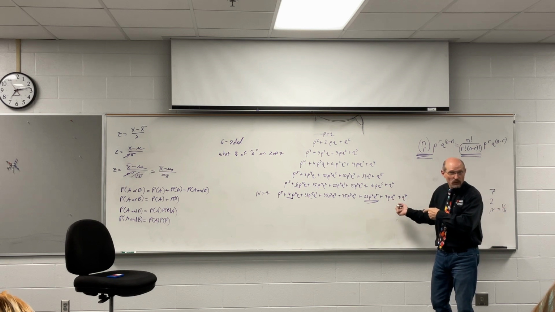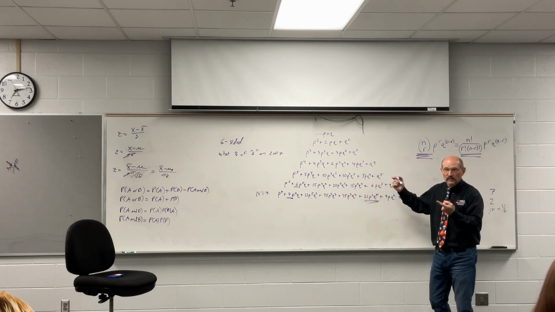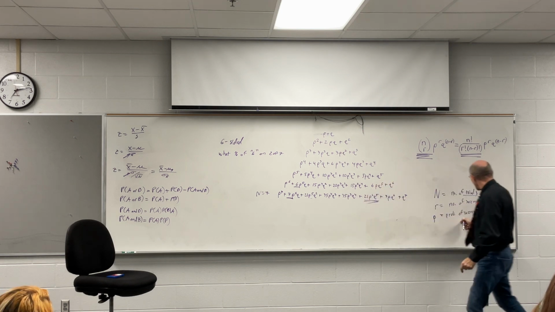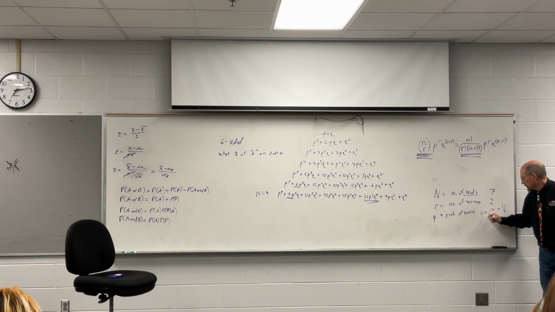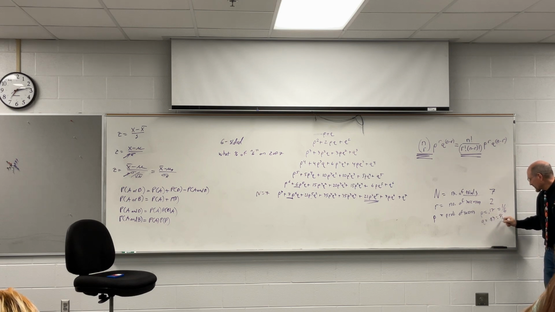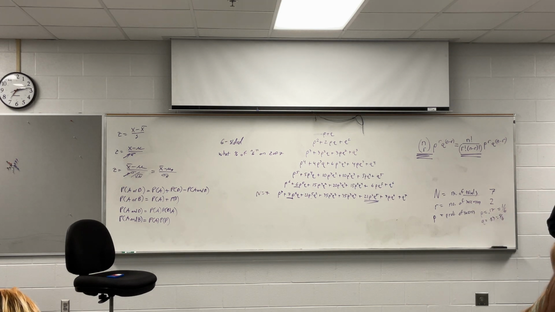If I know the probability of p, what's the probability of q? If p is 0.17, q must equal 0.83, which is 5 out of 6.